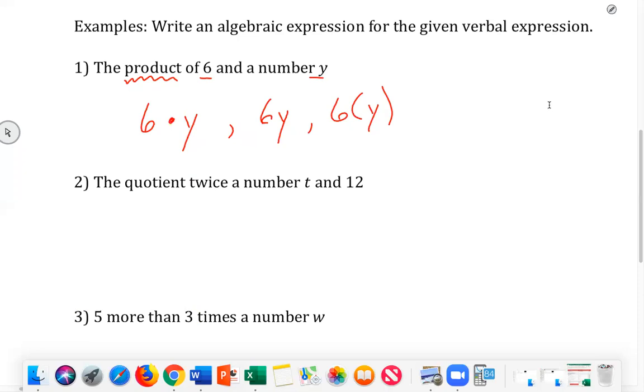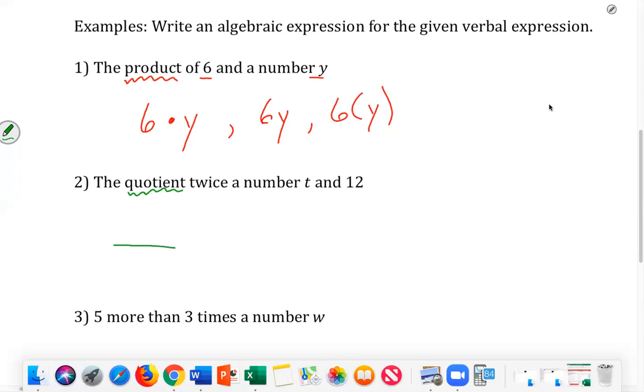Zach, what does quotient mean? You can look at that last page. Divide. So when I'm dividing, I do not like this symbol. The reason why I hate it is it just looks like a plus sign when it's typed. So with quotient, I'm a big fan of the fraction bar.